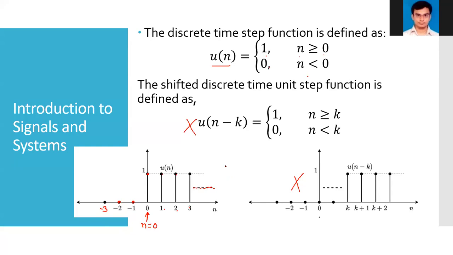This is the meaning of discrete time unit step function. And look at how it is precisely defined here. U of n is equal to 1 for n greater than or equal to 0, and it is 0 for n less than 0. Clear?